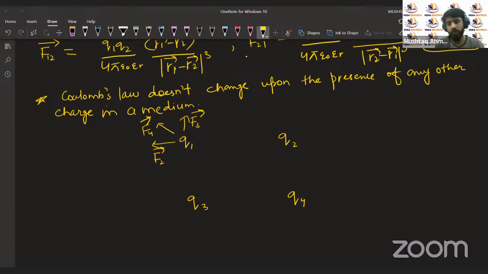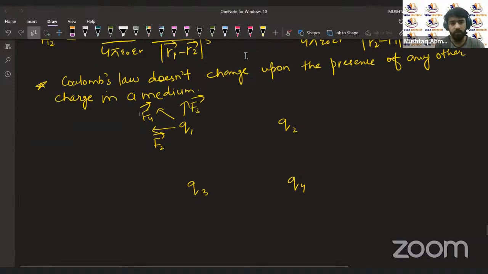In front of charge Q1 there are three more charges, Q2, Q3, and Q4. The force that Q2 applies on Q1 does not depend upon the charge Q3 or Q4. Q1 and Q2 will interact in the same manner as if only the two charges were interacting with each other.